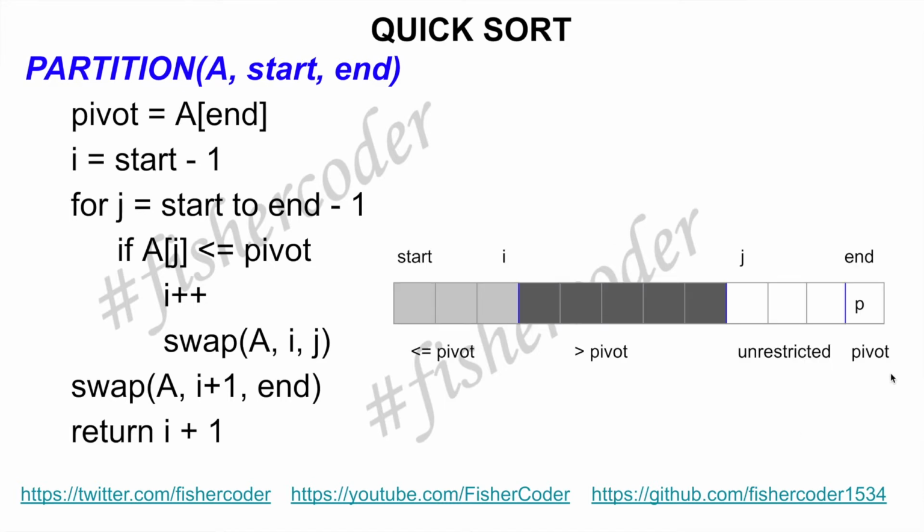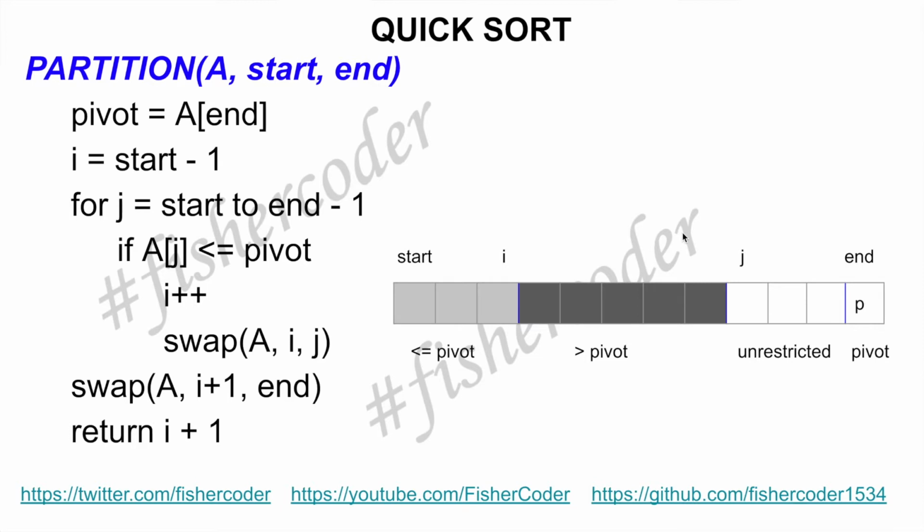Okay, here's a diagram to show how this partition procedure divided the input array into 4 distinct regions. This lightly shaded part is the first partition that contains all values that are either smaller than or equal to this pivot. This P is standing for pivot, and this is the ending index, which is pointing at the pivot.